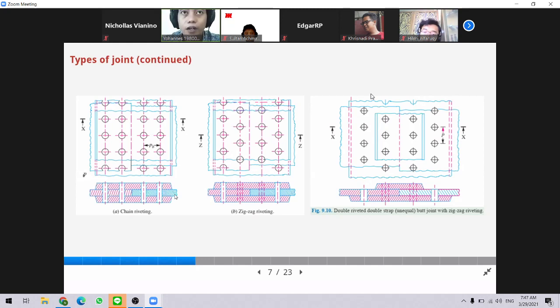But if the bending moment is out of consideration, then we have to choose the butt joint design. When to use single rivet or double rivet depends on the efficiency of the joint required. Usually, double rivets give better joint efficiency or joint strength than single rivet.